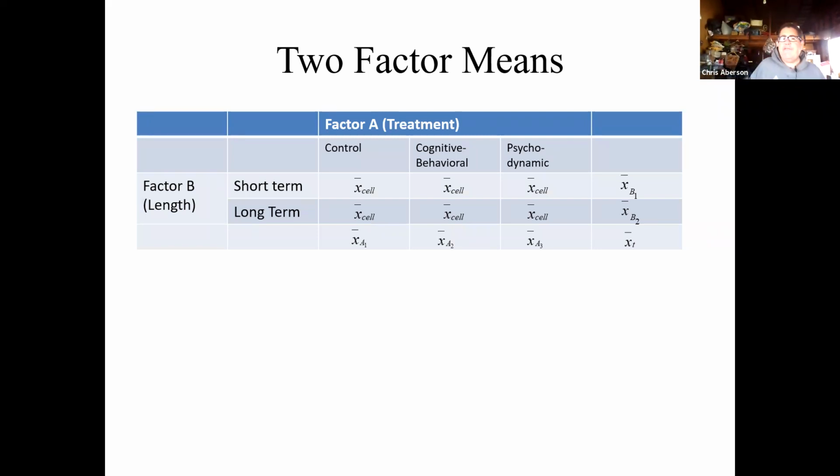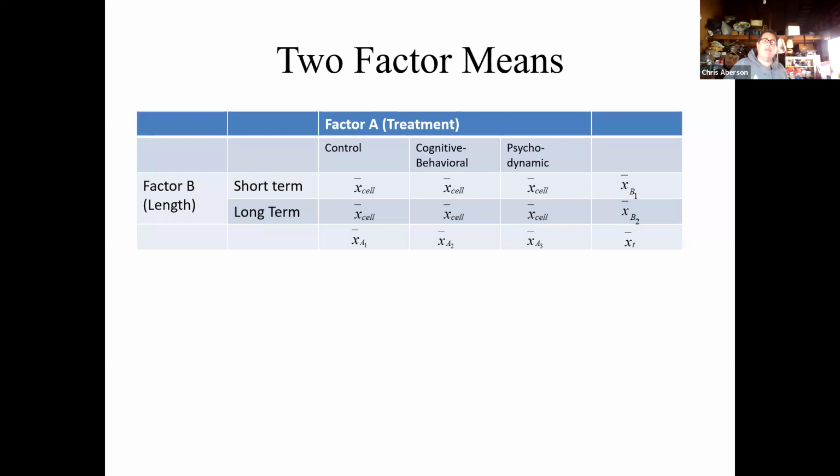We have a bunch of mean values now that we're going to deal with. A1, A2, and A3 refer to the means for the different levels of factor A. And then B1 and B2 are the short-term and long-term means. We still have a grand mean or an overall mean, but we also have means for what are called the cells.